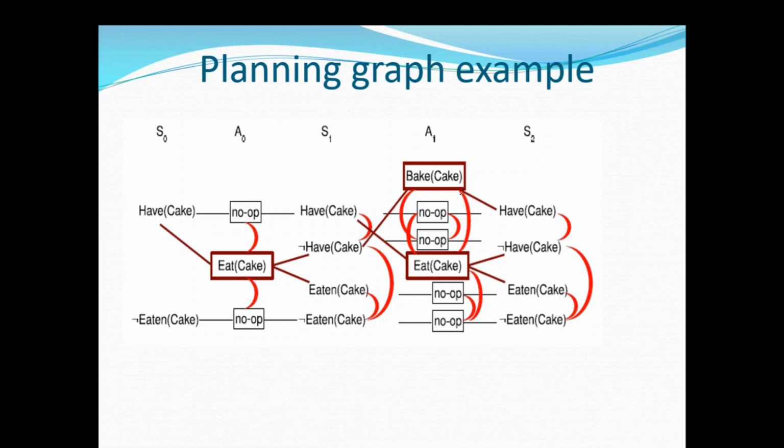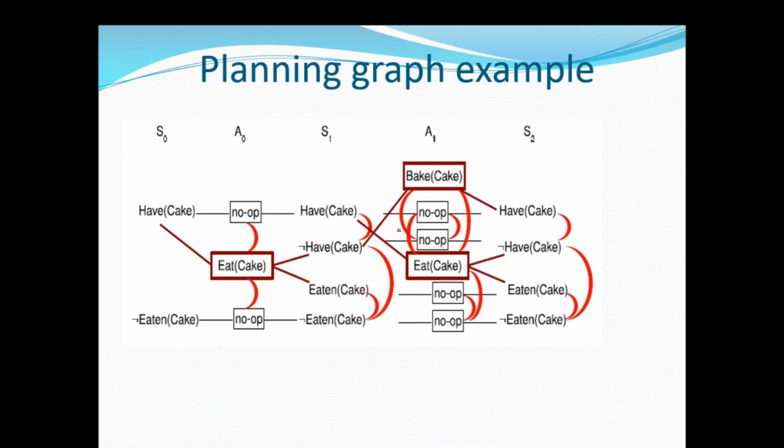So here also, bake cake and eat cake cannot happen simultaneously, because only if you don't have the cake will you bake the cake, right? There are many operations which cannot happen simultaneously.